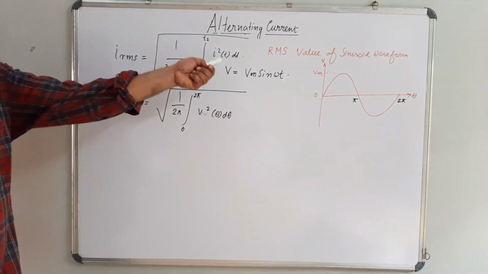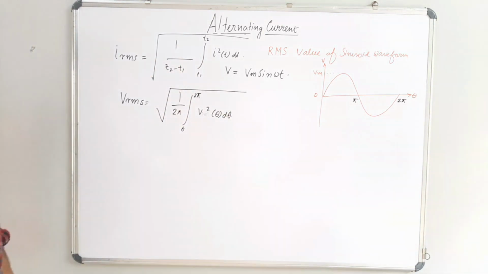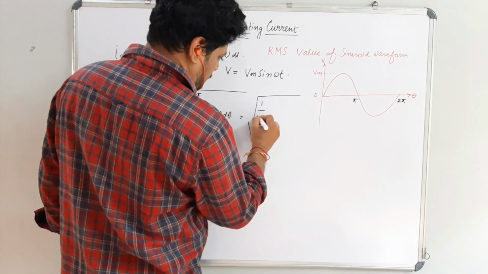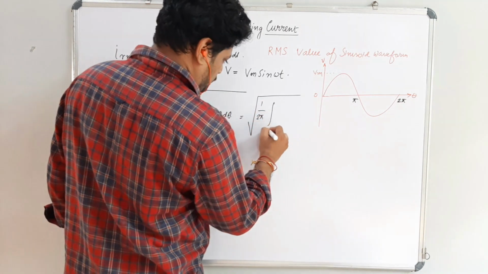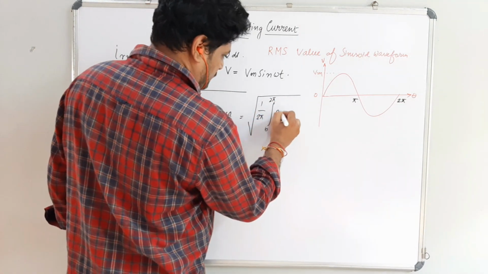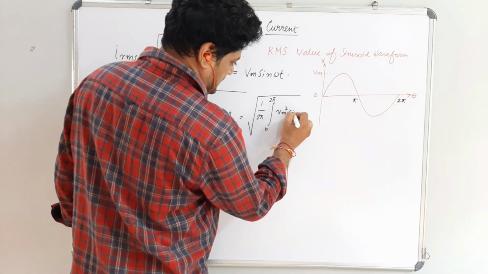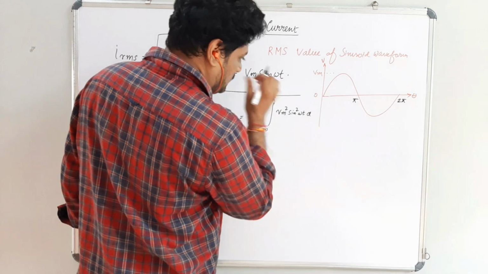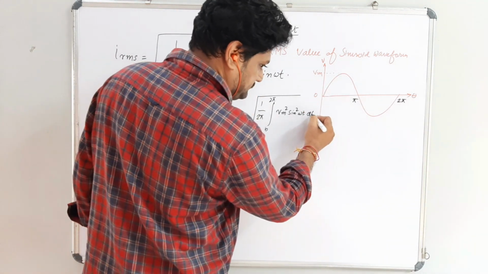That was the current, and the same expression is for voltage. So again 1 by 2 pi, integration from 0 to 2 pi of Vm square sine square omega t into dt.